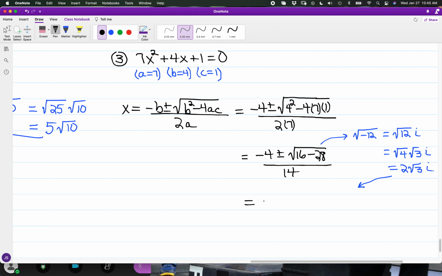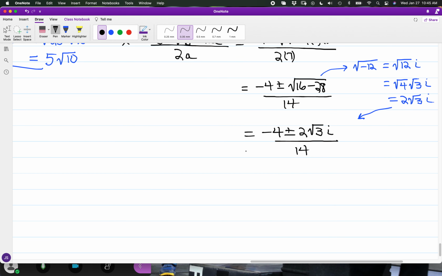So what we're going to have is negative 4 plus or minus 2 times the square root of 3i, all over 14. And if you notice, we have even valued leading coefficients.